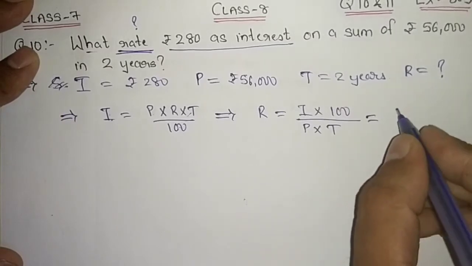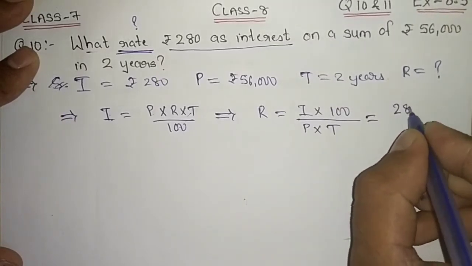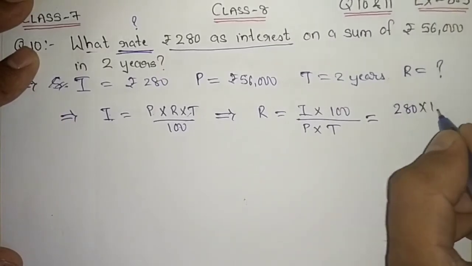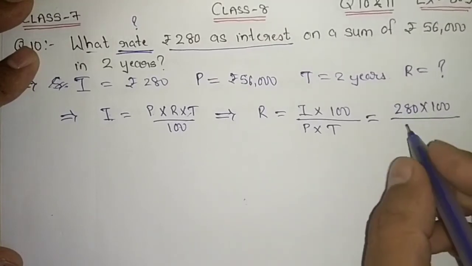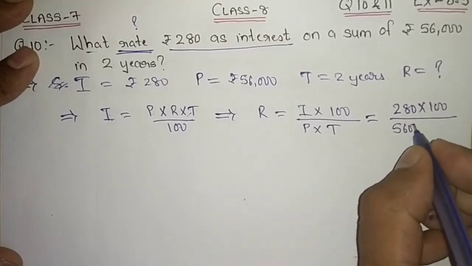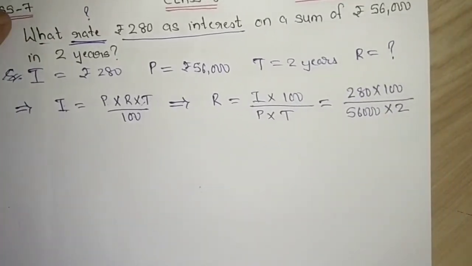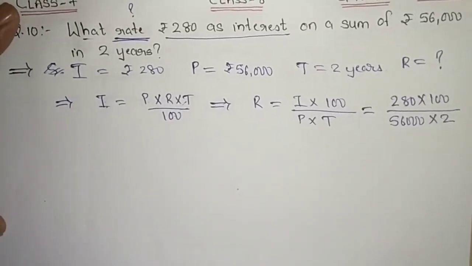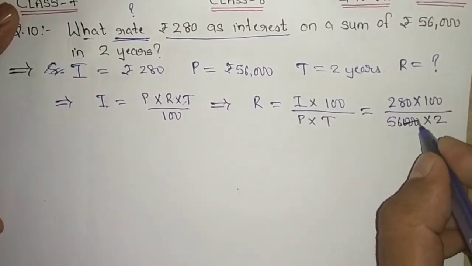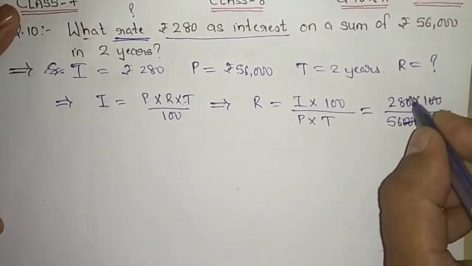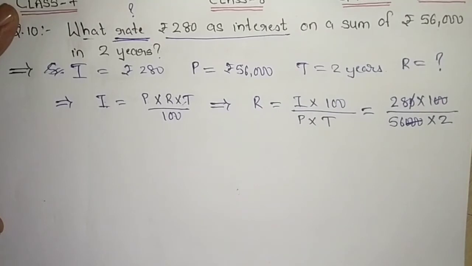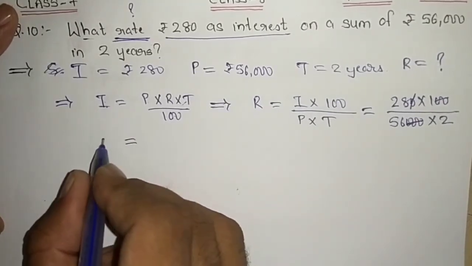Now put the values. R is equal to 280 into 100 divided by 56,000 into 2. So we will cancel the 3 zeros. 3 zeros we have removed. Now write as it is.